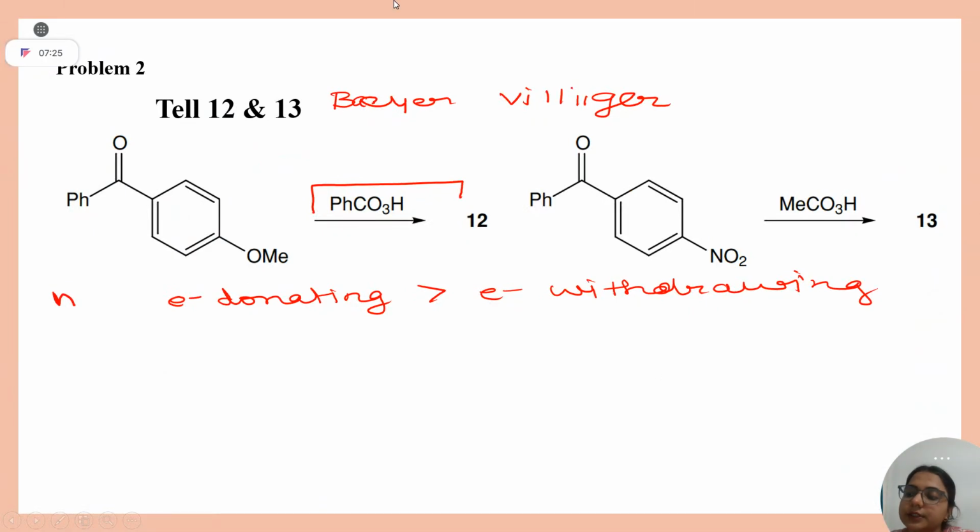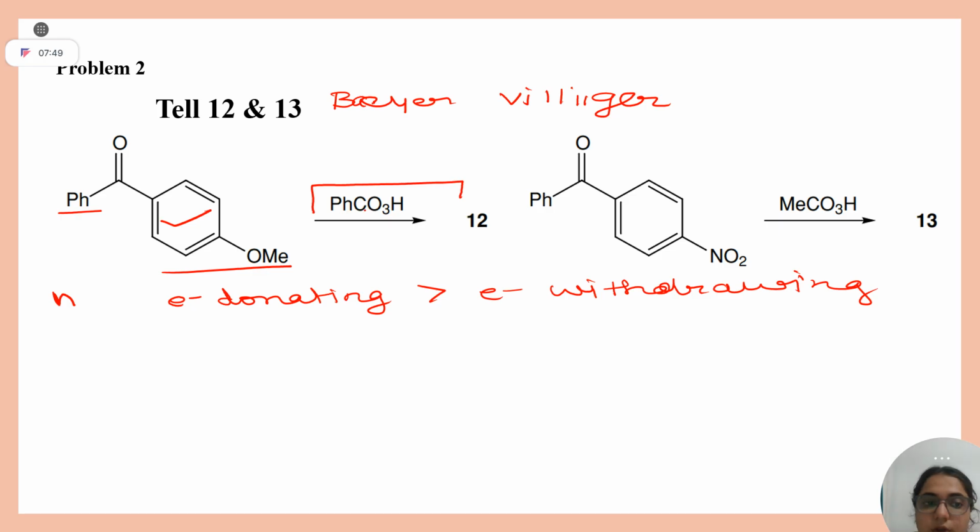So, students, if we look at this factor that electron donating should have more migratory aptitude, and compare this phenyl and this paramethoxyphenyl, obviously this ring is more electron rich, right? The main thing, Baeyer-Villiger oxidation is used for oxidation of ketones to ester.